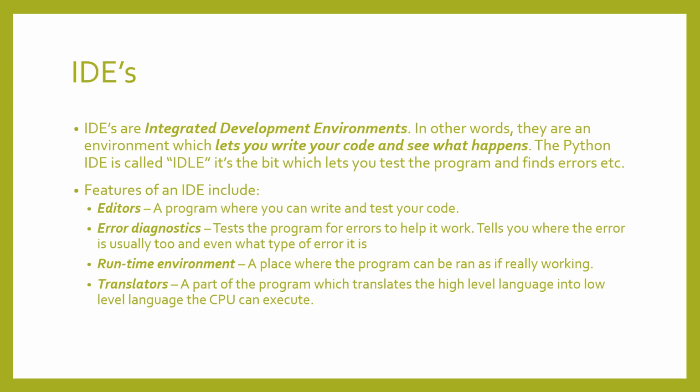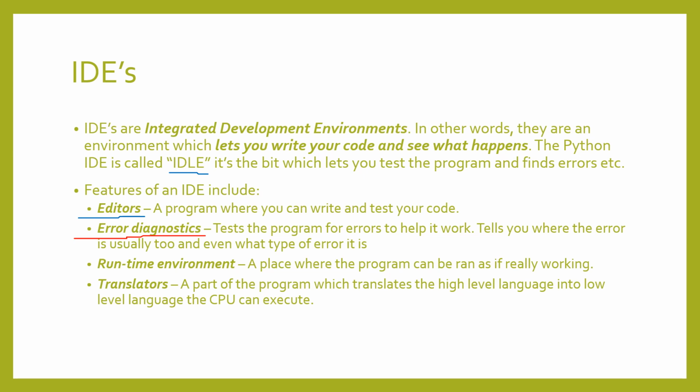Right, IDEs. An integrated development environment is basically the bit where you can run your program. That's kind of it. In Python, we have the one called IDLE. All right. Within an IDE, there are a series of features. The first one, the editor, so you can actually write your program. You can write and test it and run it. There's something called error detection. So if I've got a syntax error, it tells me that I've got a syntax error.